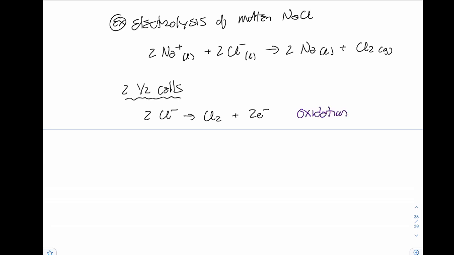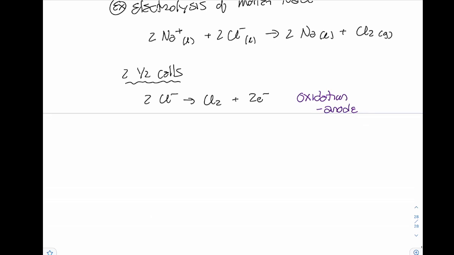And in our electrolytic cells, oxidation is still going to occur at the anode. My second half cell is the 2 sodium ions going to 2 sodium. And then to balance our charge, I would have 2 electrons on this side.